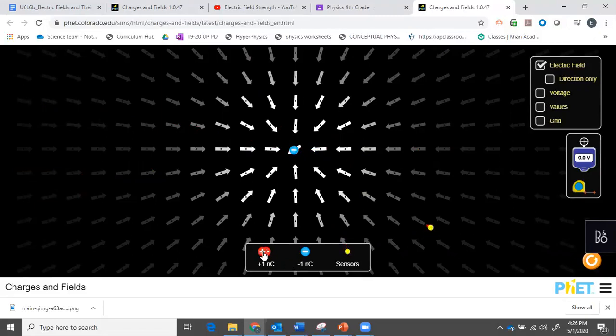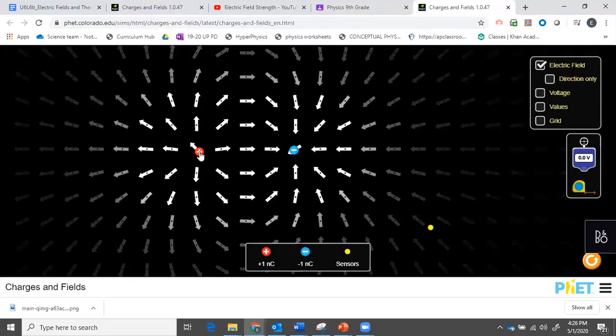So let's look at what happens when I put a positive charge here. We see now that these lines are emanating towards the left over here, but in the area between the positive and the negative charge, the arrows are pointing towards each other. So that is an indicator for me that there is some sort of attractive force happening.